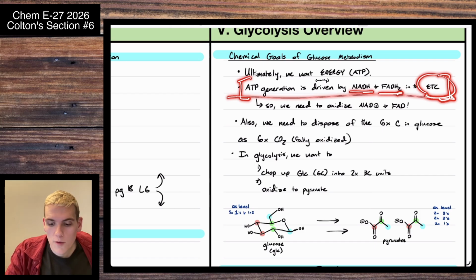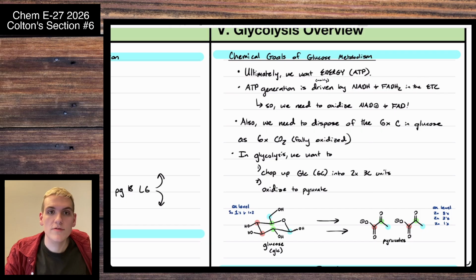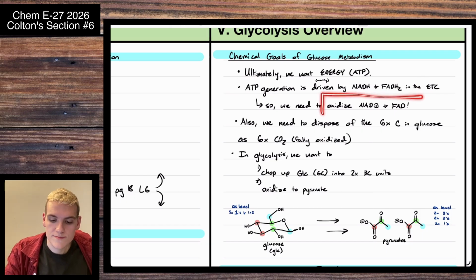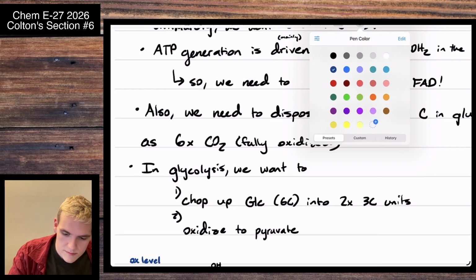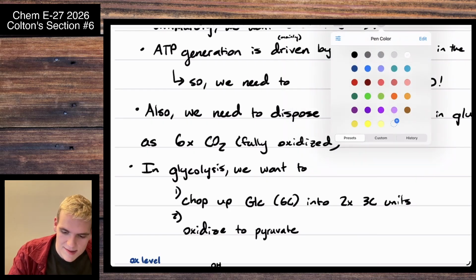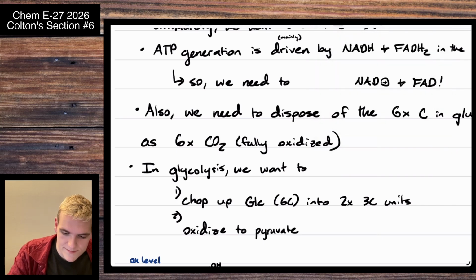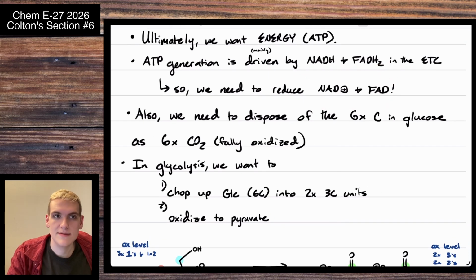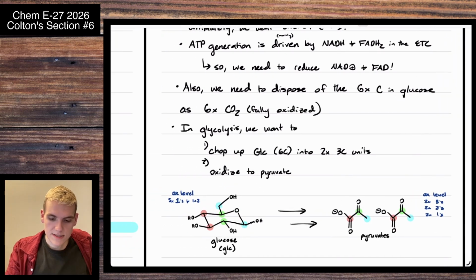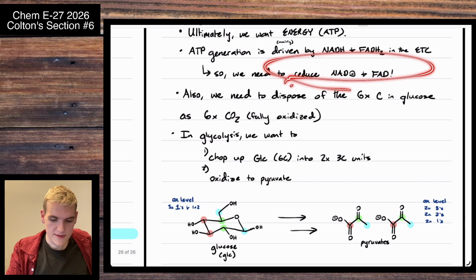And so in our metabolism of glucose, we need to reduce NAD plus and FAD. We need to load them up with electrons so that they can drop off their electrons and protons at the electron transport chain, generate a proton gradient, blah, blah, blah. But we are going to be doing a lot of reductions here.